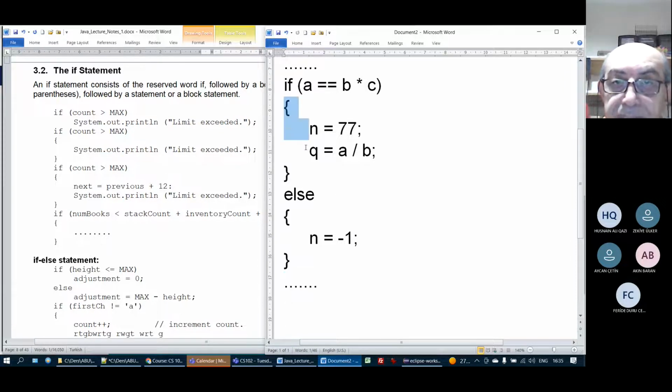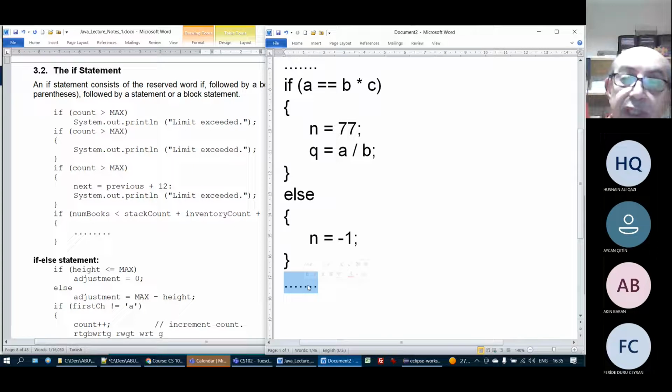So either this or that part will be executed if we have if else. If the condition is true, the if block is executed, continue with the statement after the if else statement. If the condition is false, execute the else part and continue with the next statement.